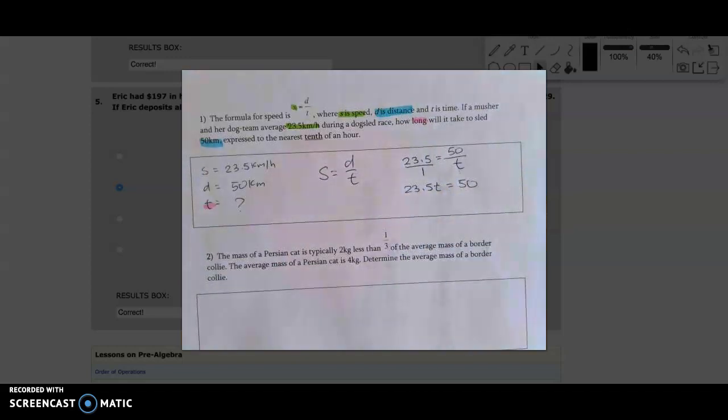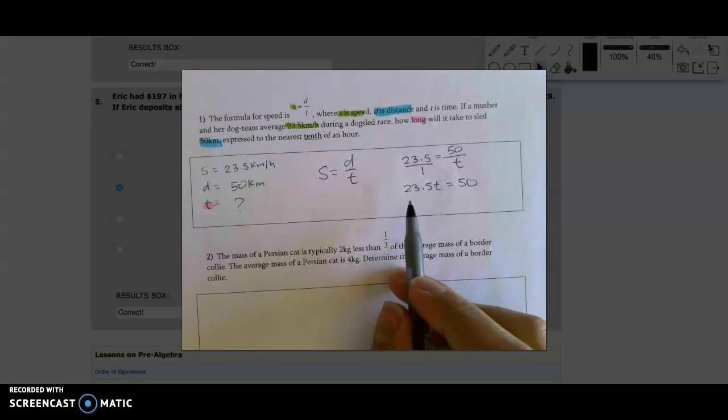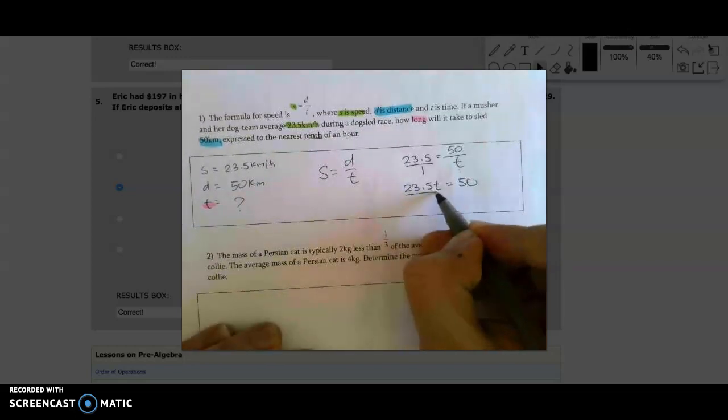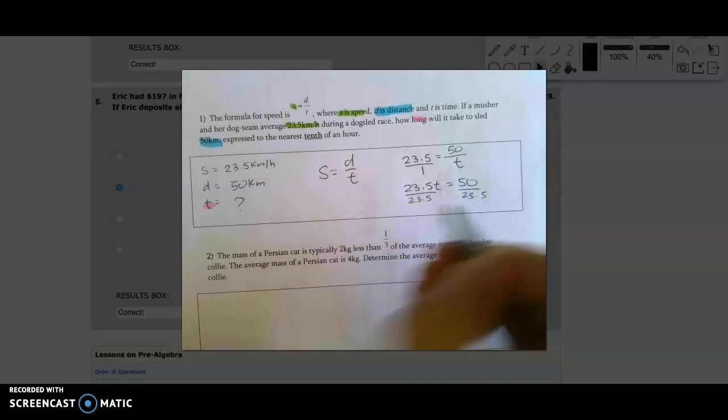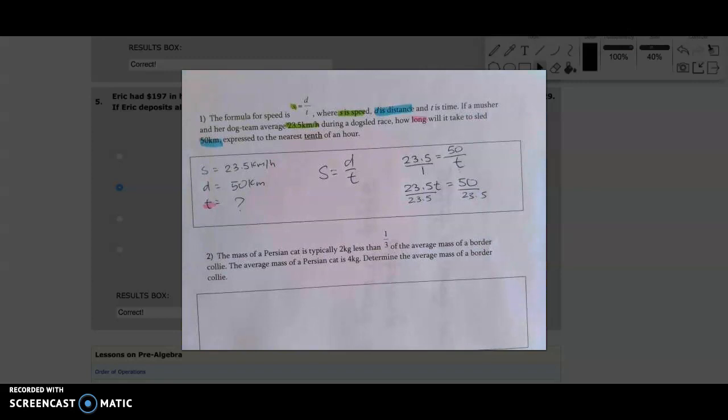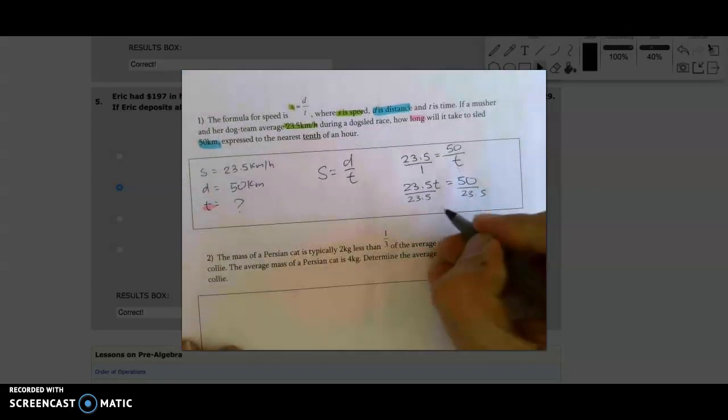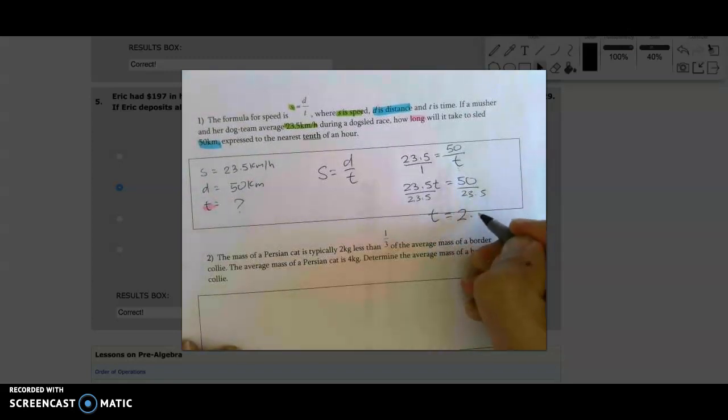Now this is a one-step equation, so because this one is multiplying, you're going to do the opposite. You're going to divide. So you're going to divide by 23.5 on both sides, and you should get t equals 2.12 hours.